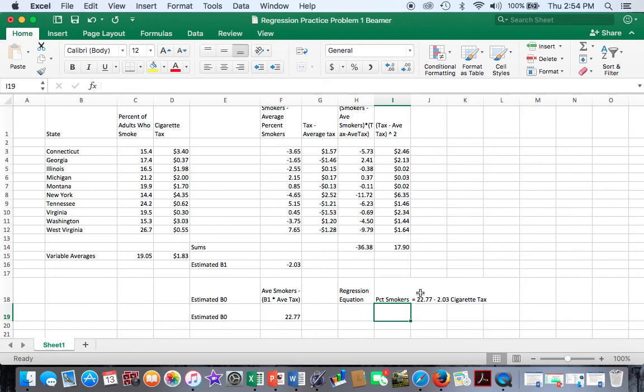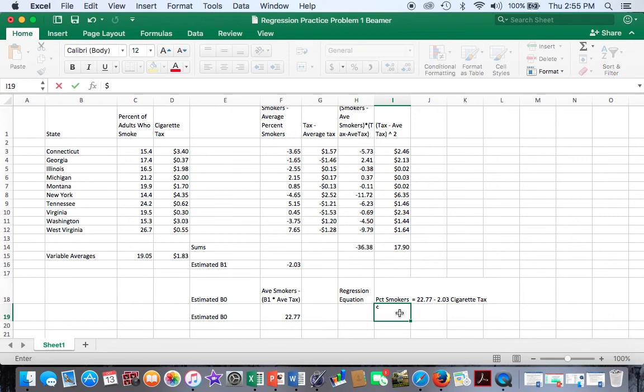And I would predict that about 21.72% of the population would smoke. If there was a $4 cigarette tax, then that's simply 4 times 0.203. I would say 22.77 minus 8.12, and so that would be 14.65.